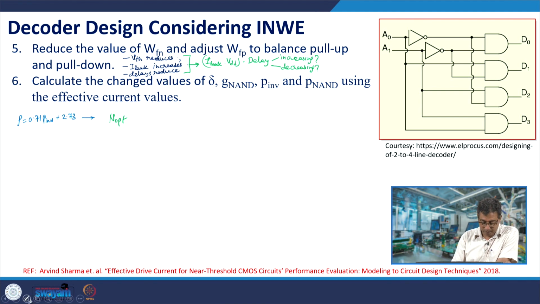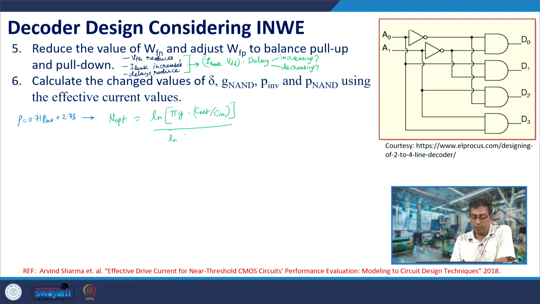From this we obtain N optimum, which is natural logarithm of the product of all logical efforts, which is actually here only the logical effort of the NAND gate into C out by C in 1, divided by natural logarithm of rho.